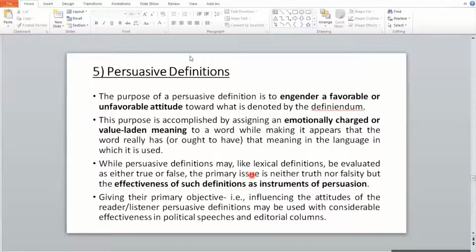So as you can look here, the purpose of persuasive definition is to engender a favorable or unfavorable attitude as per our interest, as per the point that we wanted to touch, towards what is denoted by the definer. This purpose is accomplished by assigning emotionally charged, value-added meanings.